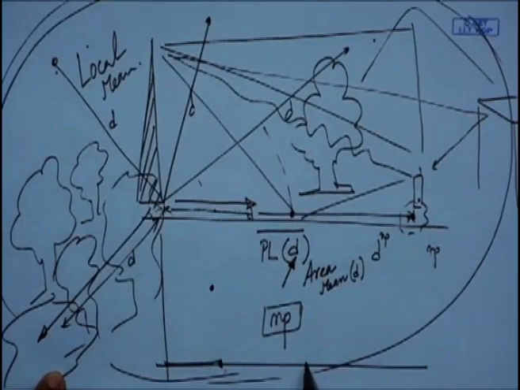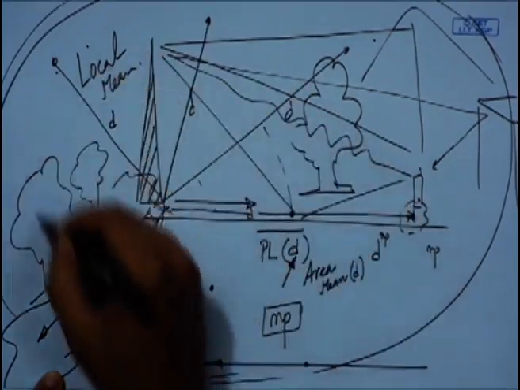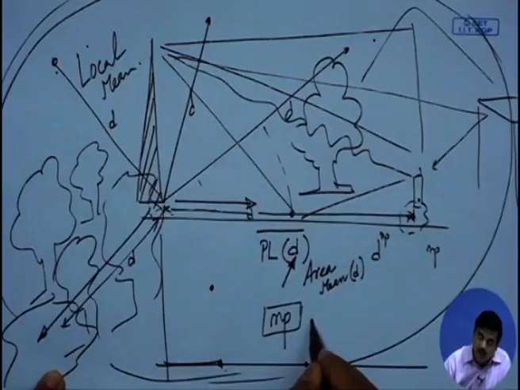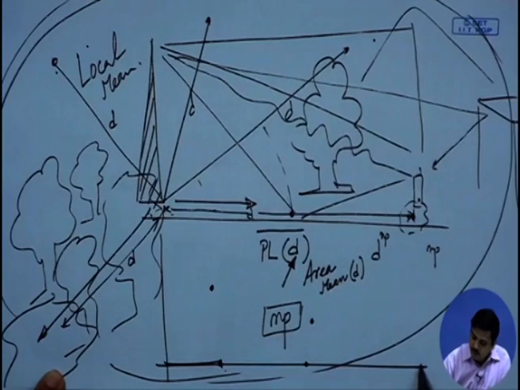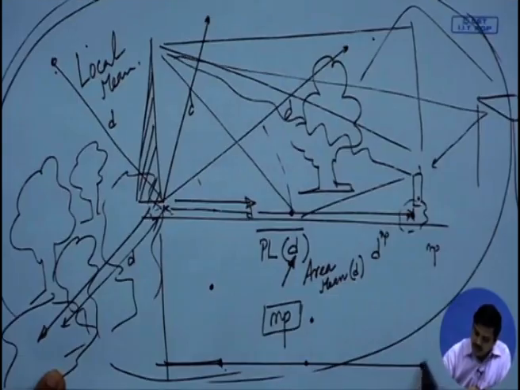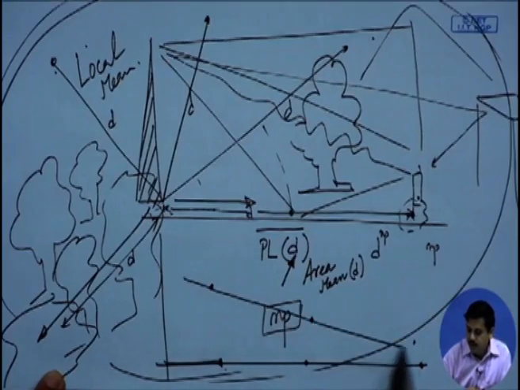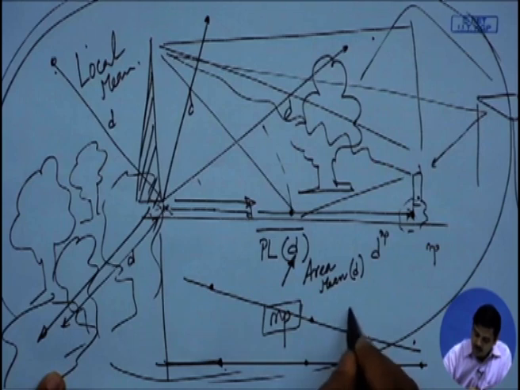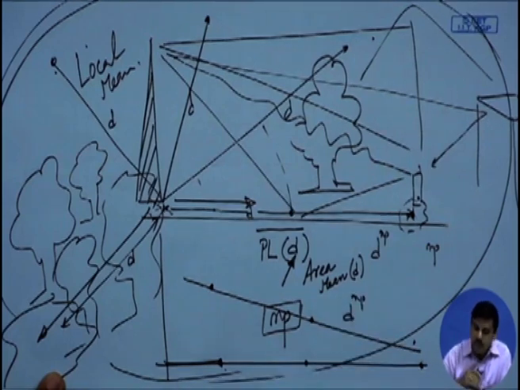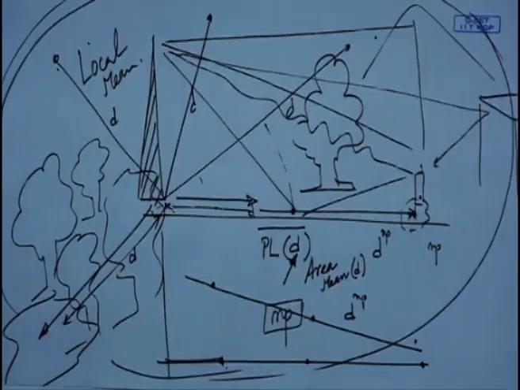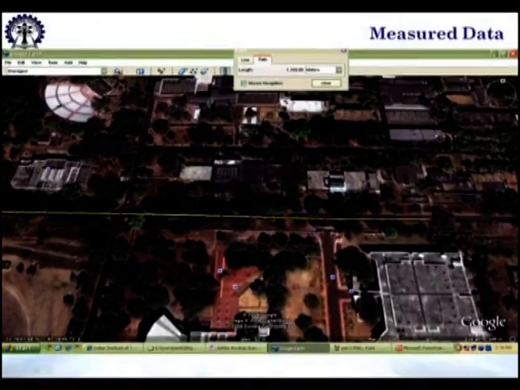I move further down, do several readings in this area, and get another average reading. As I move further down, my distance has increased, and at that distance I take the average reading across the whole area. What I get is the average received signal strength as a function of distance, and the slope versus d is indicated by n_p.